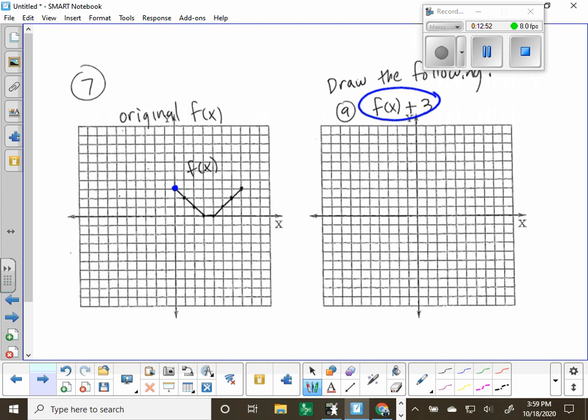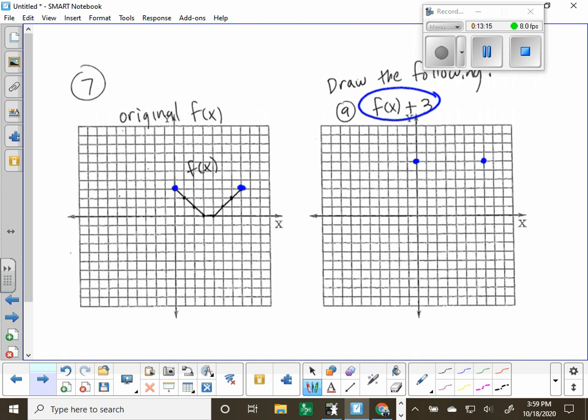So now it's 0, 6. So I go 1, 2, 3, 4, 5, 6. All right, and then this point over here is opposite of it, and that's 7 over. So it'd be 7 over and up 6. Let's see, 1, 2, 3, 4, 5, 6, 7, up 6 would be right there.